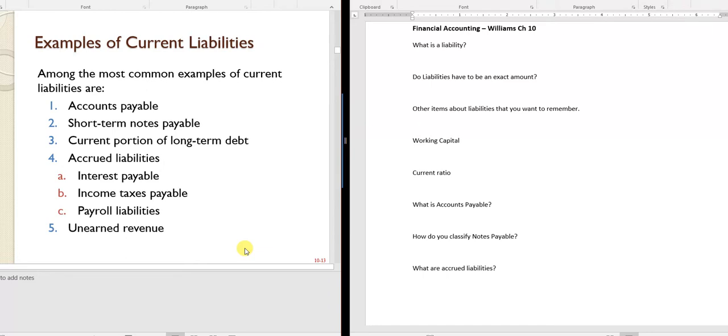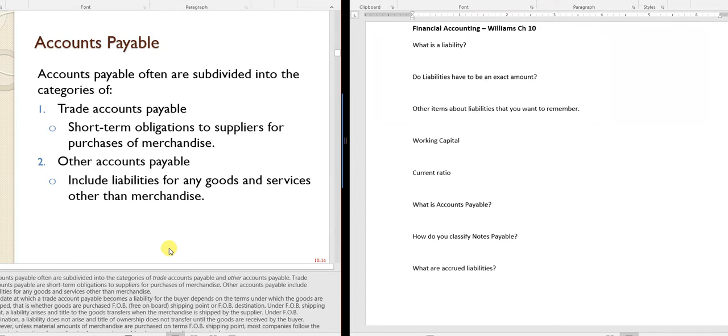Okay, so here are some examples of current liabilities. You can write them down and check them off. I have them on this handout, but make sure when you study for the exam that you know what each of those are. Accounts payable are generally what a business has a lot of. If I am a car manufacturer, I will want to set up an account with a steel supplier because I'm going to buy that on a recurring basis. So I want an account with them, and I may pay it off on a monthly basis.